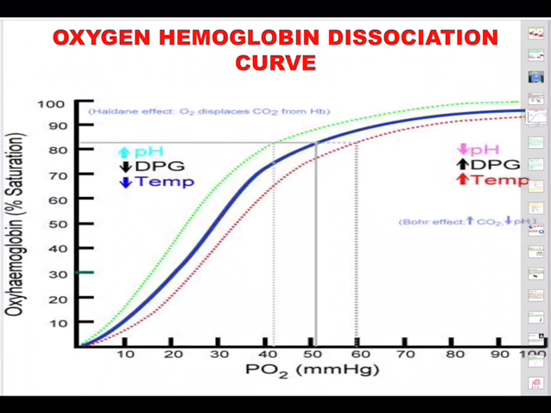A sigmoid curve is obtained when percentage saturation of hemoglobin, on the y-axis on the left side, is plotted against the partial pressure of oxygen, PO2, on the x-axis. The partial pressure of oxygen of the air within the alveoli is approximately 105 mmHg. The partial pressure of oxygen of the blood leaving the alveoli is about 100 mmHg.